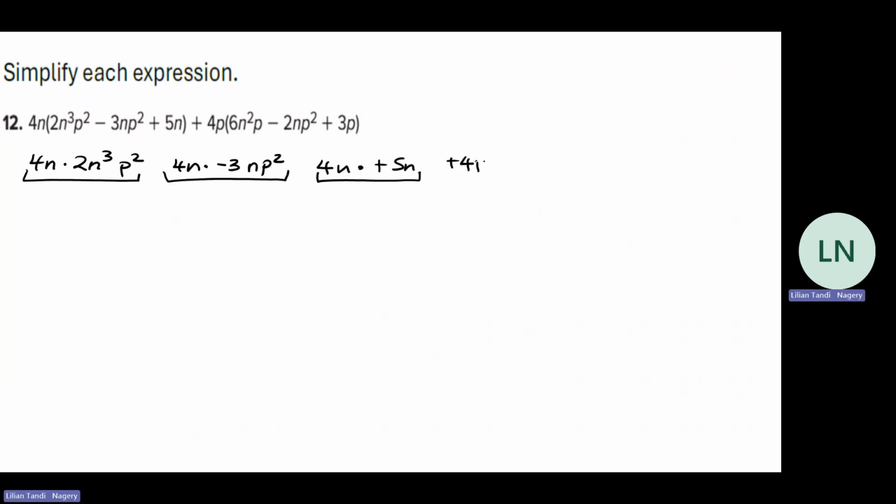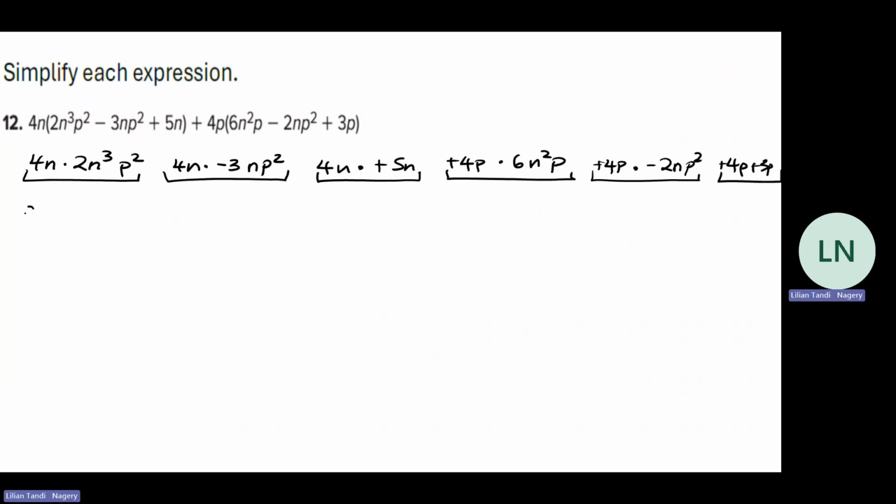Positive 4p times 6n squared p. Positive 4p times negative 2n p squared. Positive 4p plus 3p.